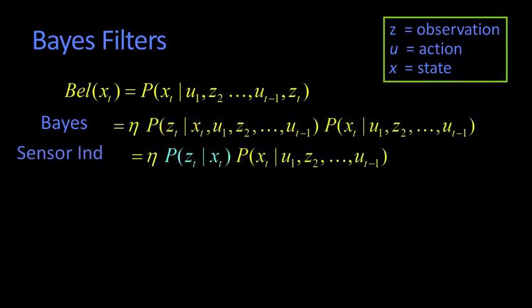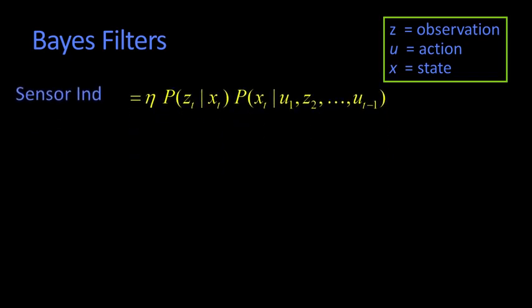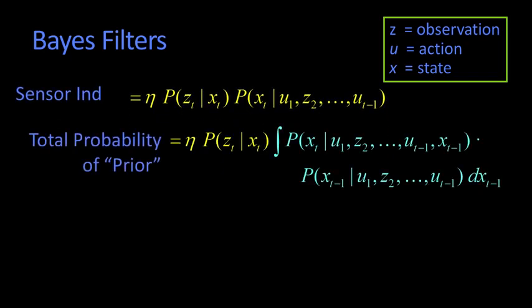Well, our sensor independence that we talked about before says if you have the state xt, then none of this stuff matters, and it's just P of zt given xt. That's sensor independence. So here we are. The next thing we can do is, remember this notion of total probability. The way we do a prediction, for any given xt, is to ask what our prediction is over all the possible xt minus 1s.